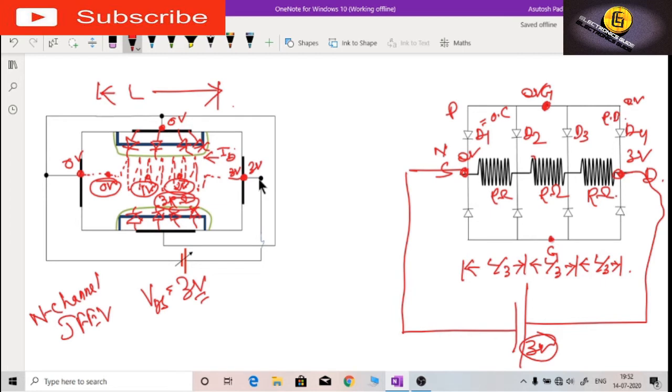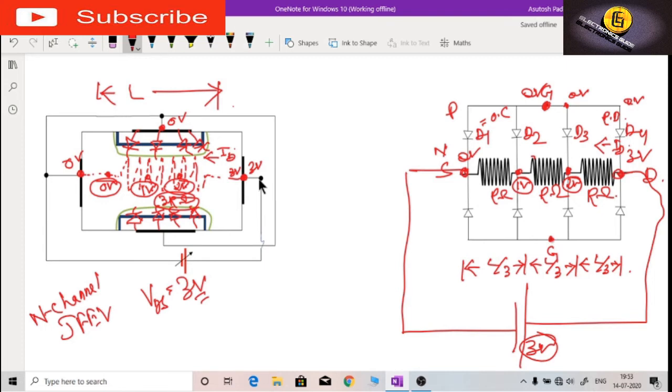Now, as the current ID flows through these resistors, the voltage drop at this point must be 2 volt, and the voltage drop at this point must be 1 volt. So the P terminal of D3 is at 0 volt, whereas the N terminal of D3 is at 2 volt.